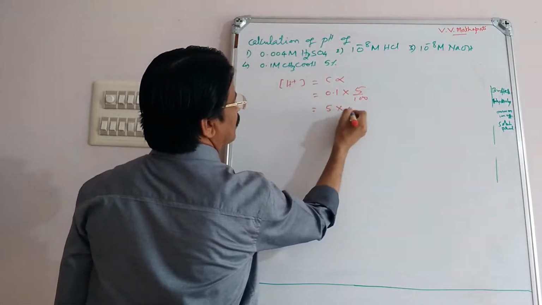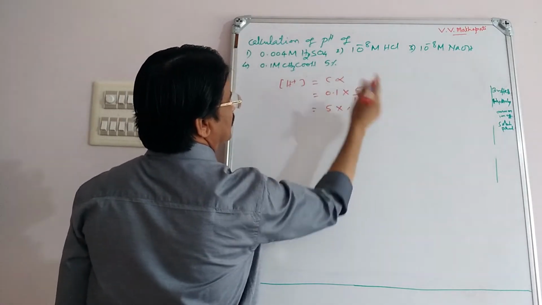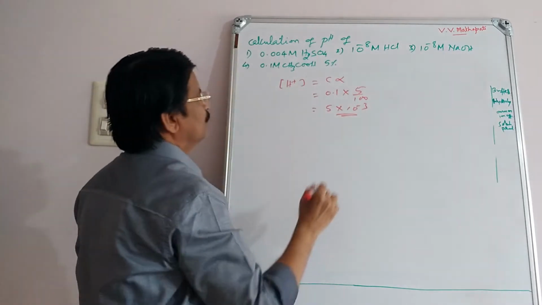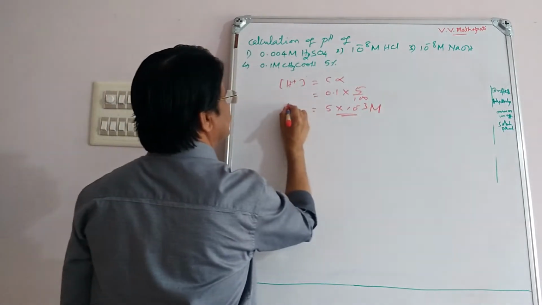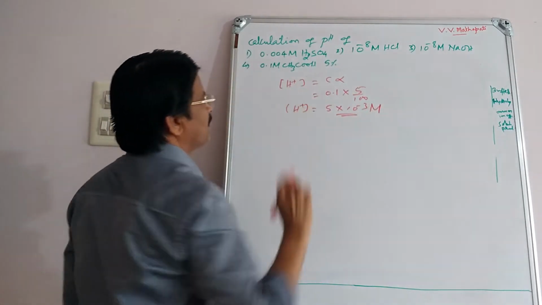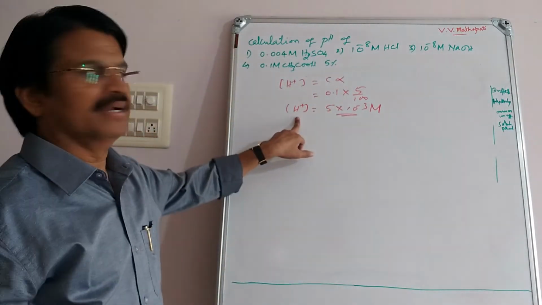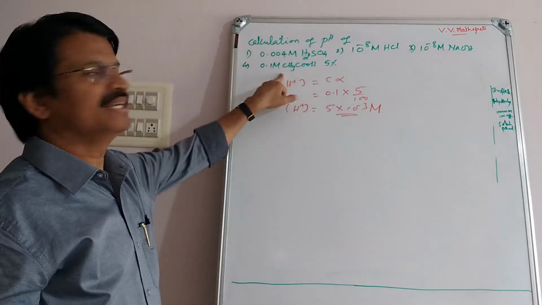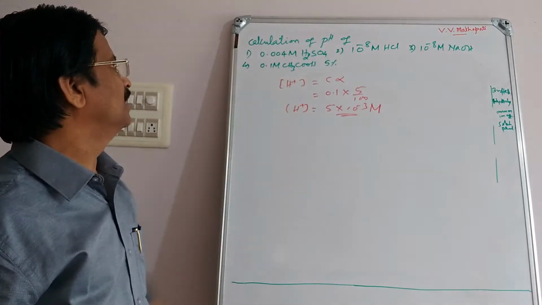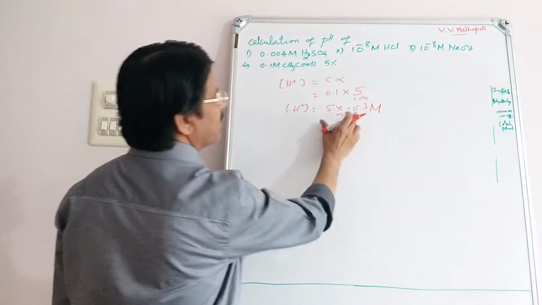That is 5 into 10 to the power minus 2 times 10 to the power minus 1, which is 5 into 10 to the power minus 3 molarity. Yes, I got the hydrogen concentration of the weak acid, 0.1 M acetic acid.